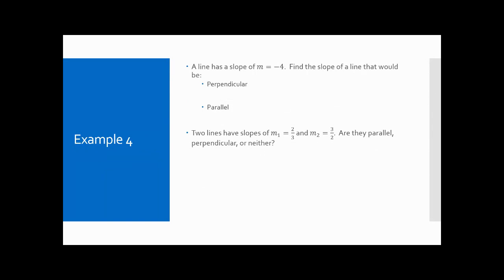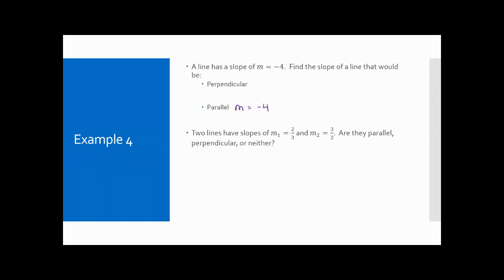So I've got 2 examples here. A line has a slope of m equals -4. Find the slope of a line that would be perpendicular and parallel. So parallel lines have the same slope. So this one's easy. It's also going to be -4.